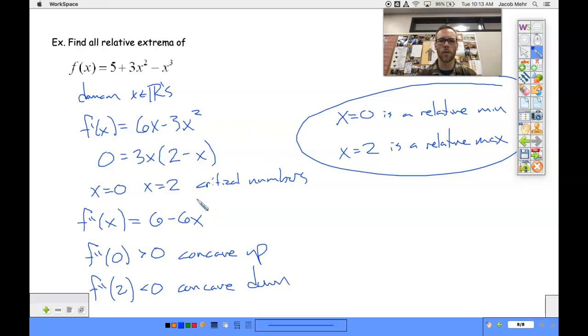If taking the second derivative looks like it's going to be nasty, I'm not going to do it. I'm just going to use my first derivative and determine where the function is increasing or decreasing. But on a problem like this, where the second derivative is a piece of cake, I'm going to go that route and determine if it's concave up or concave down at the critical numbers to determine the extrema.